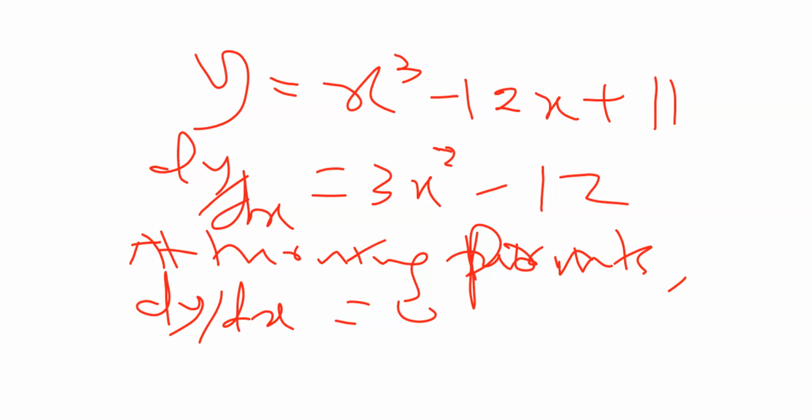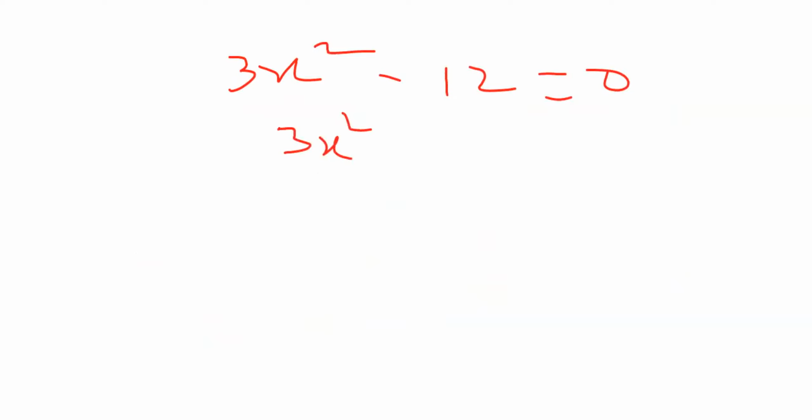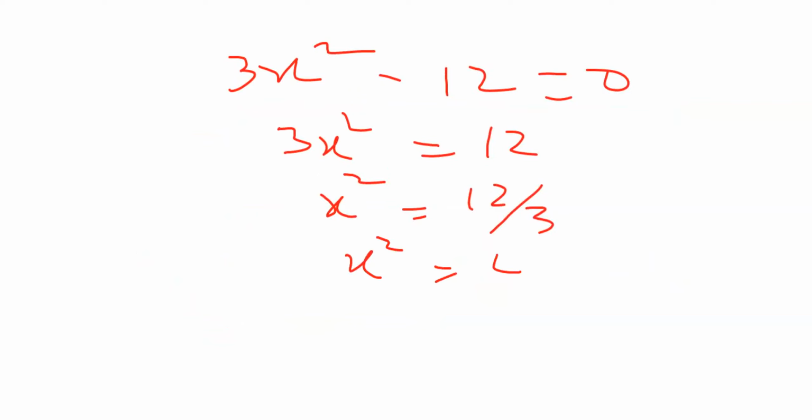So what's the answer? When you solve 3x squared minus 12 equal to 0, you have 12 over 3. Solve it again. You have x squared equal to 4.